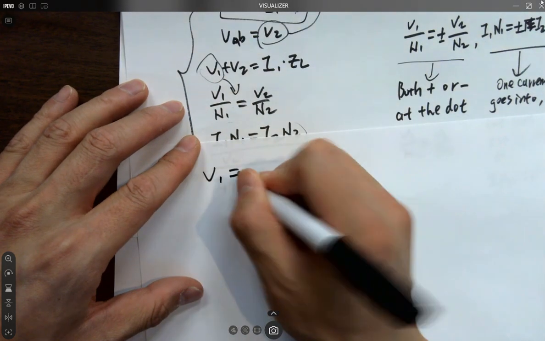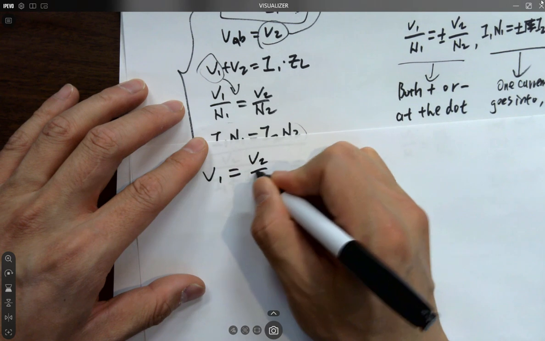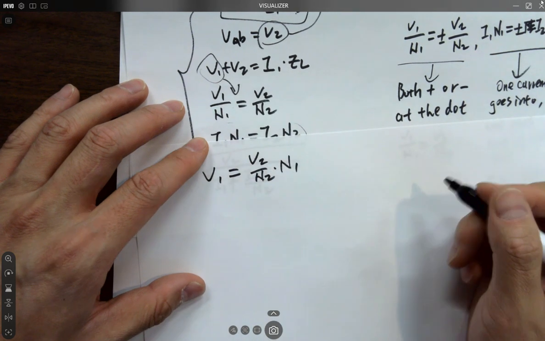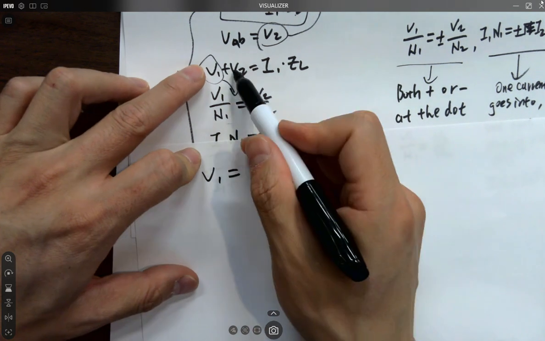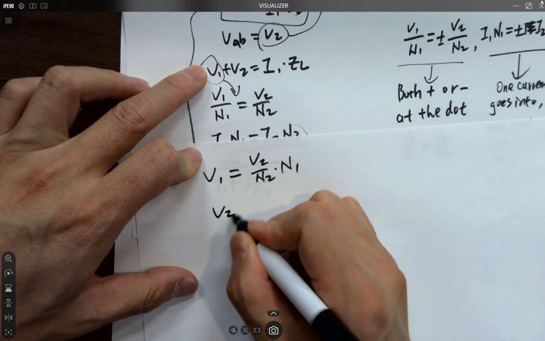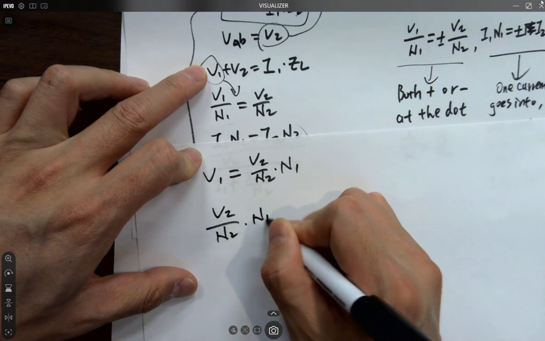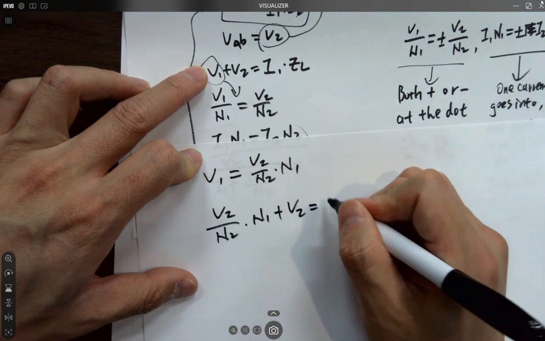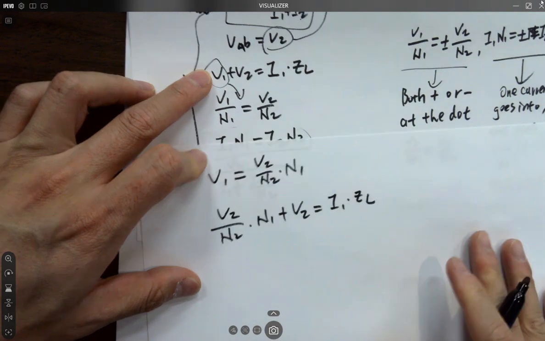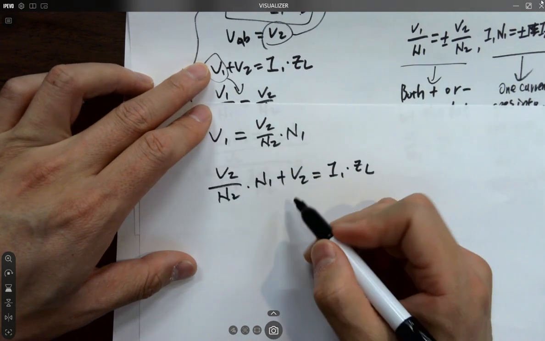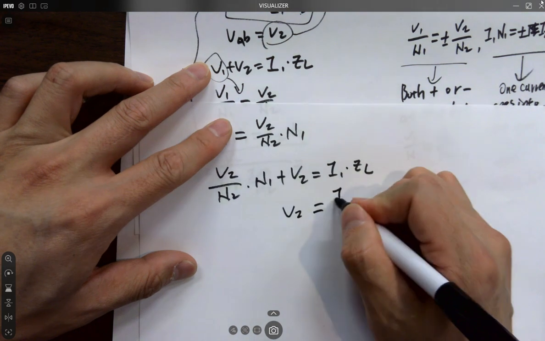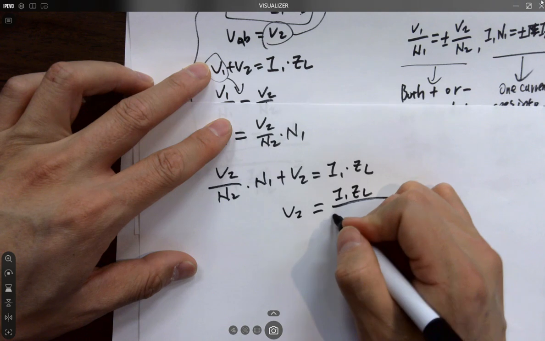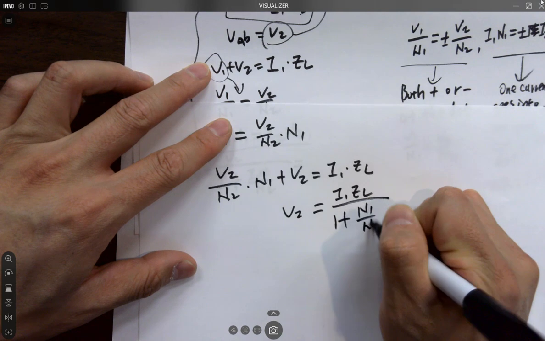V1 equals V2 over N2 times N1, right? So plug it back in here. We get V2 over N2 times N1 plus V2 equals I1 times ZL. So V2 equals I1 ZL over 1 plus N1 over N2.